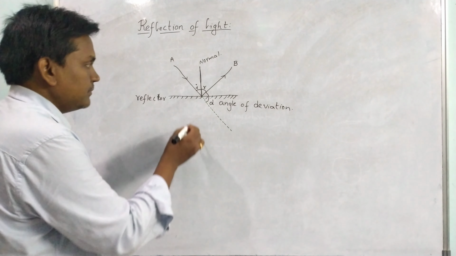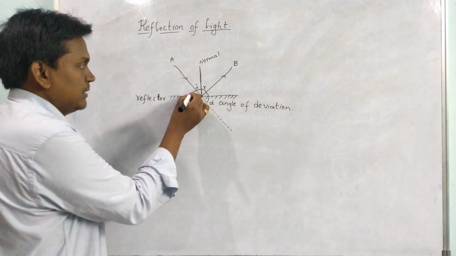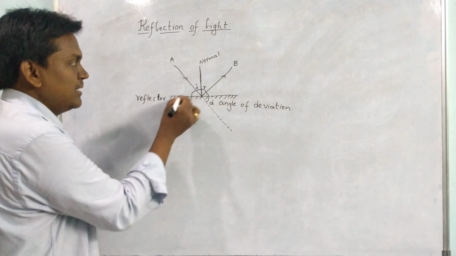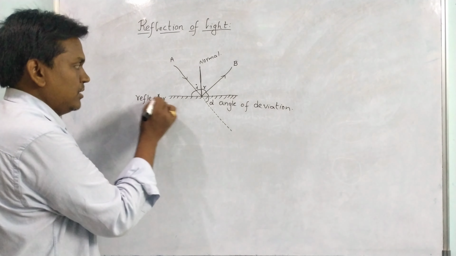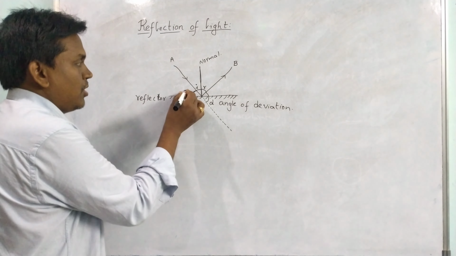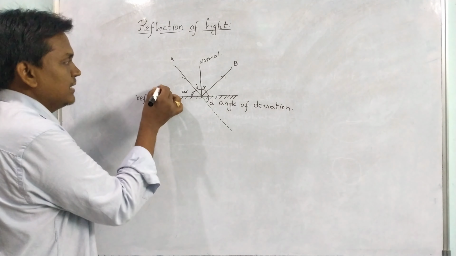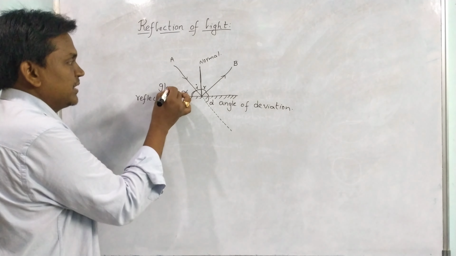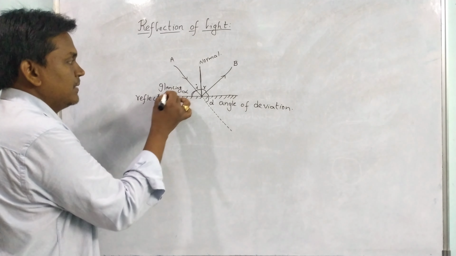And here the angle between the incident ray and the surface, or the reflector, is called the glancing angle. This is the glancing angle.